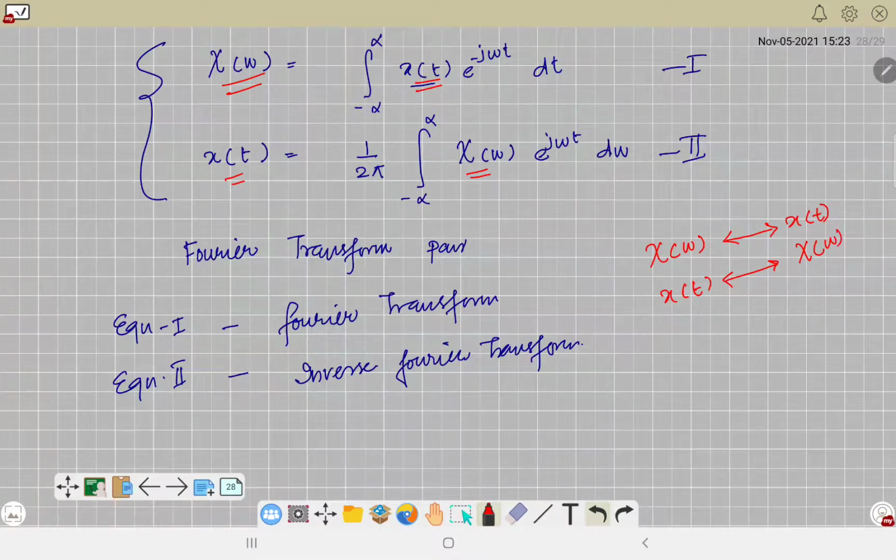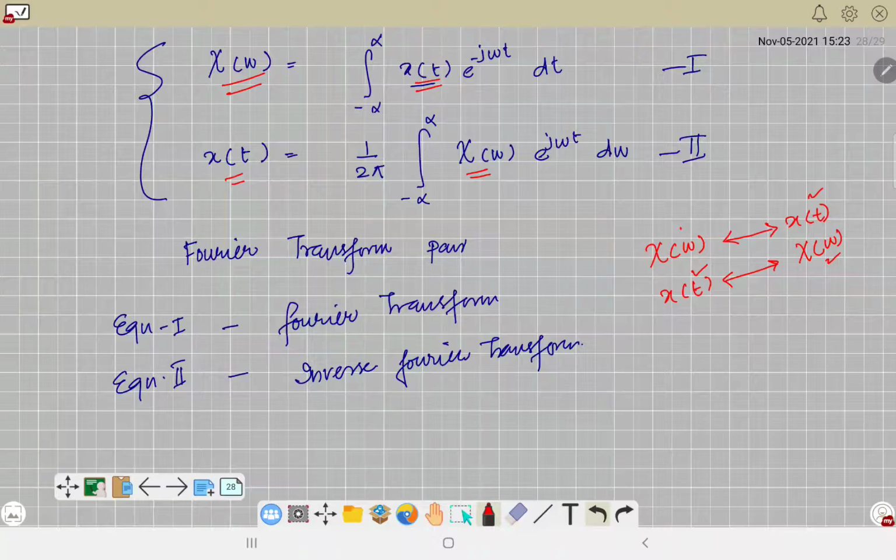So it's a kind of a bilateral thing. You're transforming from time domain to frequency domain, then you also need some way of getting your signal back into time domain from the frequency domain. And you'll see that this will be a common trend. Whichever transforms we study, we will do Laplace transform, we will do Z transform, and each of these transforms is defined by a pair of equations.